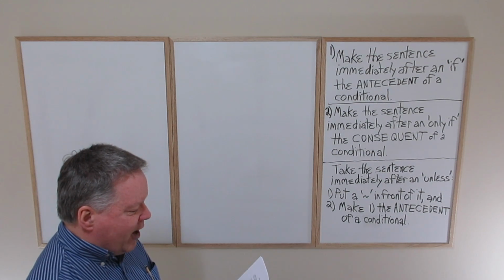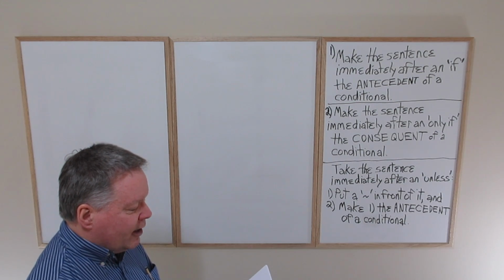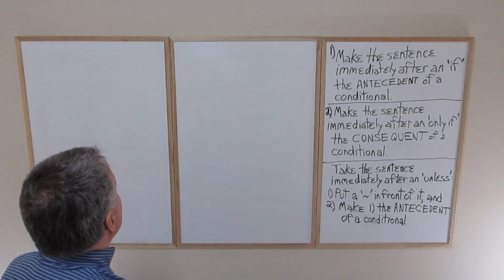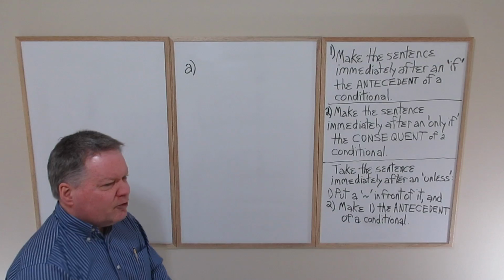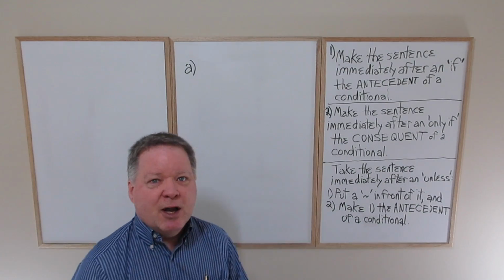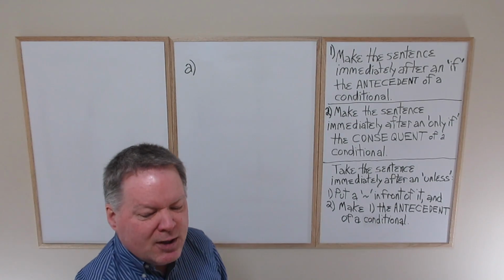Let's start with A. John will make supper only if Mary is working late. First question, do we have an if or do we have an only if? We've got an only if. So what does that mean?